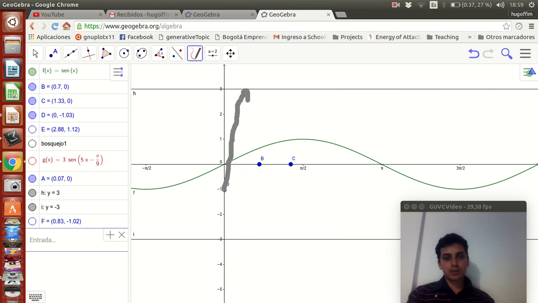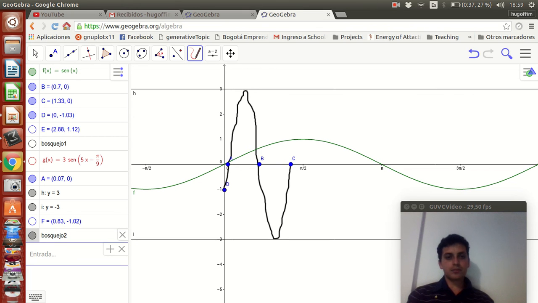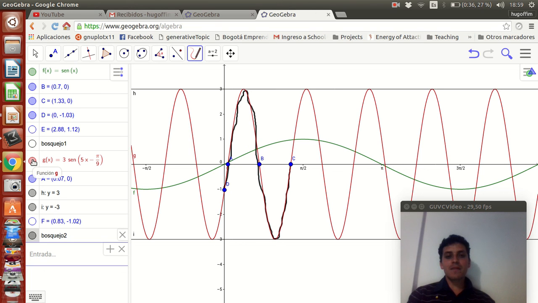So let's try to do the sine. Done. This is my sketch. Obviously you can do it better than this, but I'm using my computer. Now we're going to see if the answer is right. This is the function. Perfect, it passes through the points, and this is the period. This is how you can sketch a sine function.